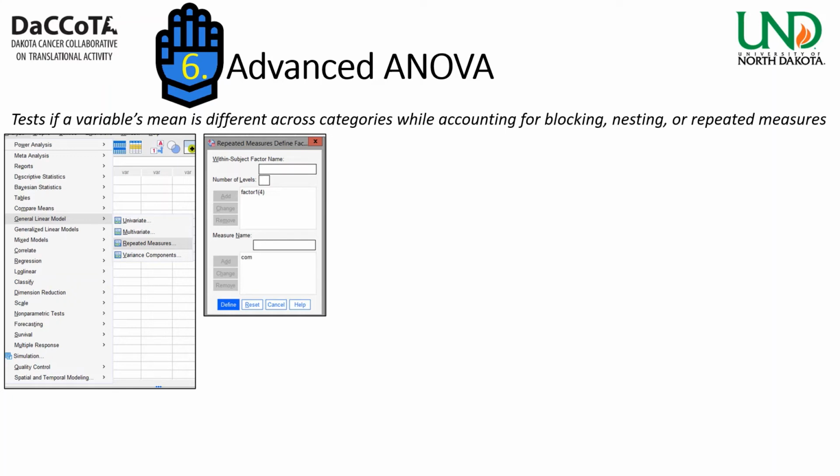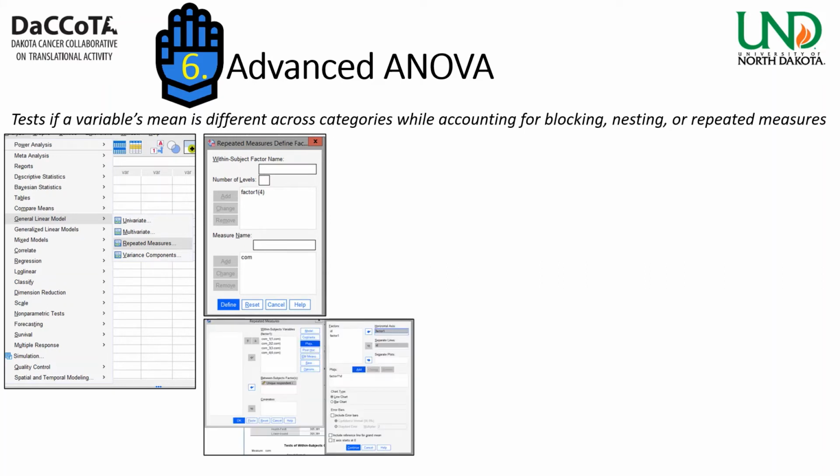You're going to need to have your factors, and then name it whatever you want. Each of these factors are the repeated measures. If you have IDs, you can put them down here, and you can add that to make things like spaghetti plots.